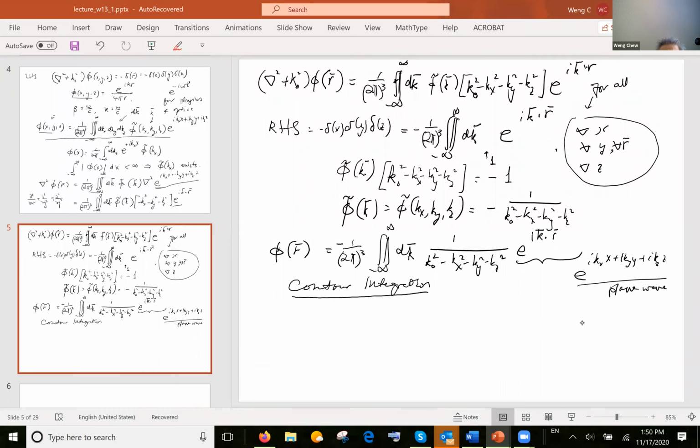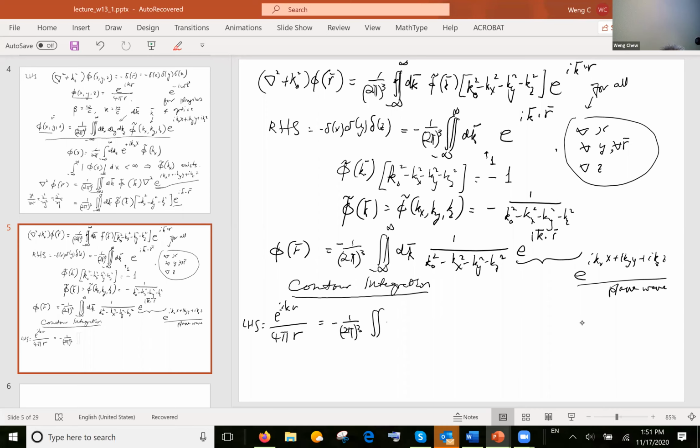We have to simplify the thing by performing one of the integrals first. The left-hand side is e to the ikr over 4 pi r. Let me see if we get things correct. It should be written as 1 over 2 pi cube.